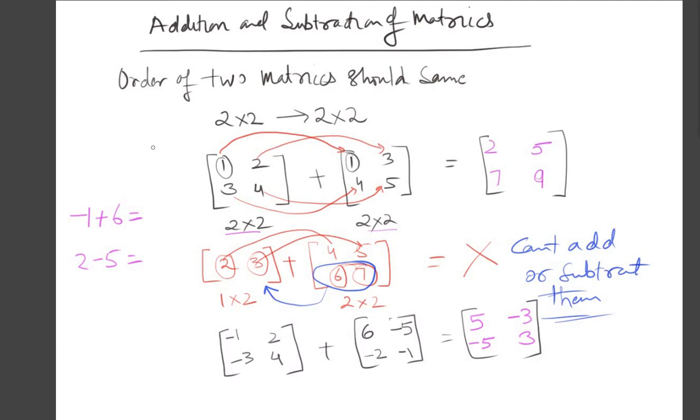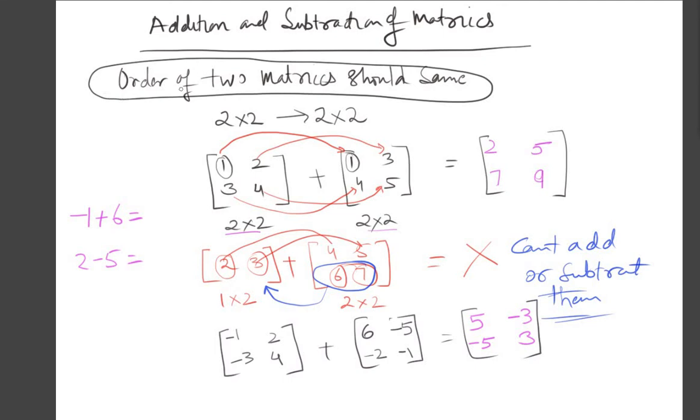Addition or subtraction means, the most fundamental rule for adding or subtracting is that the order of the two matrices that we are dealing with has to be the same. And the elements are added or subtracted just like normal numbers.